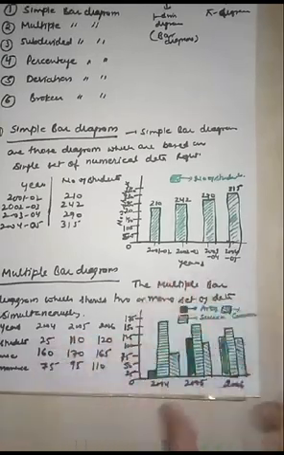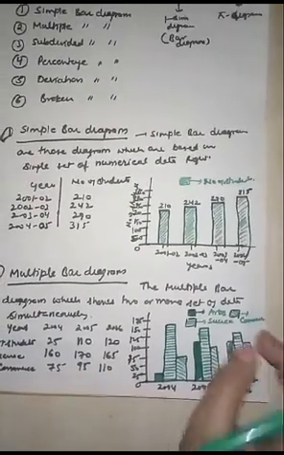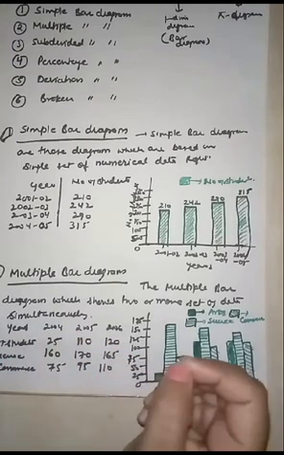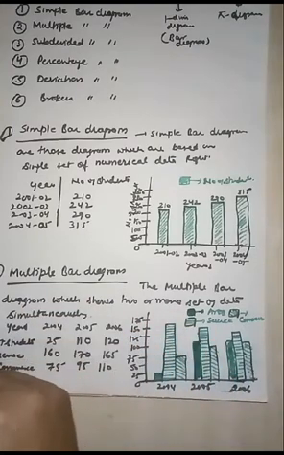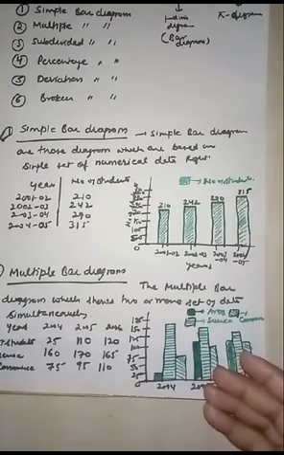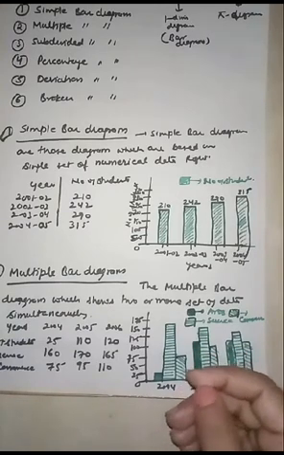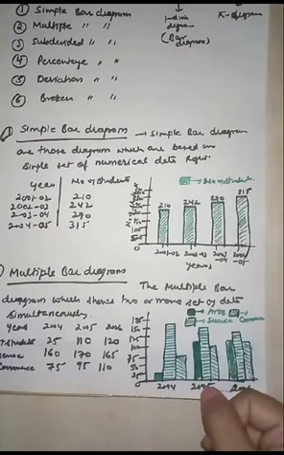So this is proper, these are the multiple bar diagram. So when more than 2 sets of data are showing simultaneously, it becomes a multiple bar diagram, right? If you use proper pencil and scale, you get the proper multiple bar diagram, right?